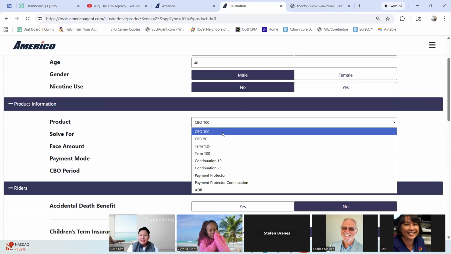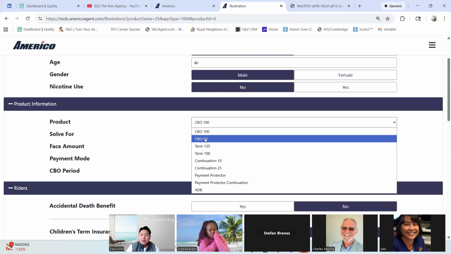CBO stands for cashback option. That means if the client doesn't die in the next 30 years, then the client can get all their money back. And that's just an example.